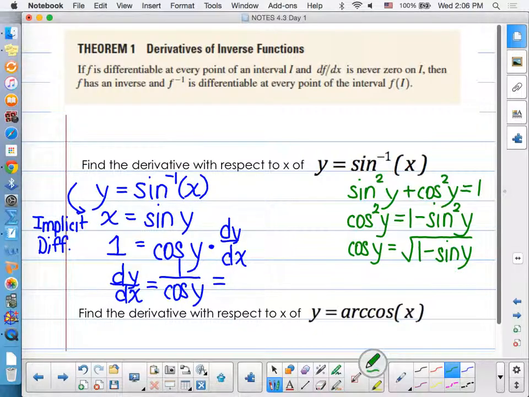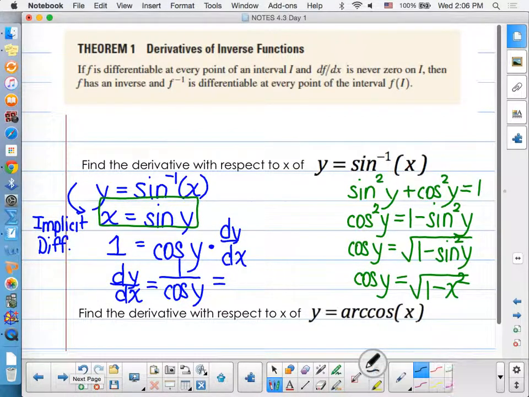And then I want to go back to what I have in the very beginning. I want to go back to this fact: x is the sine of y. Sorry, I lost my squared right there. As I go through this, instead of sine y in there, I'm going to put x's back in because I would like cosine y's function in terms of x's. So it's going to be 1 minus, instead of sine squared, x squared.